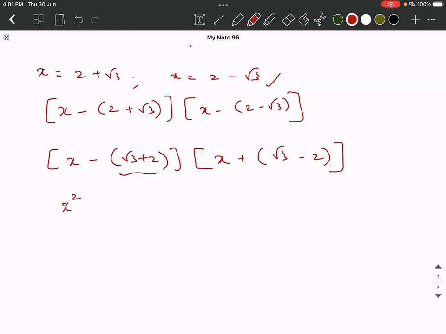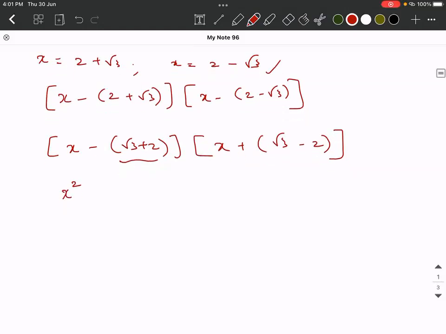You will have x square minus... oh, there is root 3 minus 2. Then it will not work. So can you multiply both and tell me?